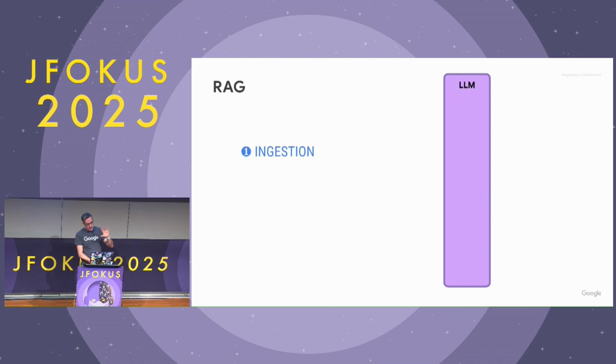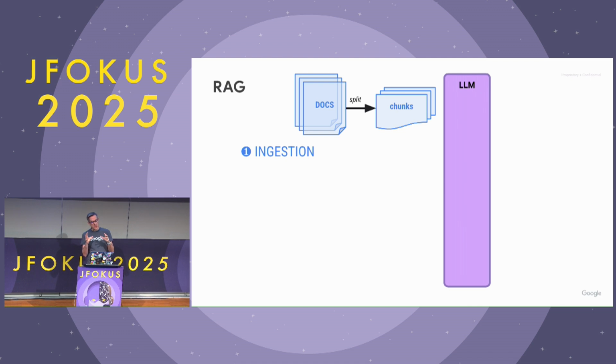So let's have a look at more of the architecture. There are two phases, the ingestion, and then the retrieval and generation, of course. Initially, you have a set of docs, whether it's text, PDFs, images, anything, or even data from a database. You chunk that information into small pieces, and you calculate a vector embedding.